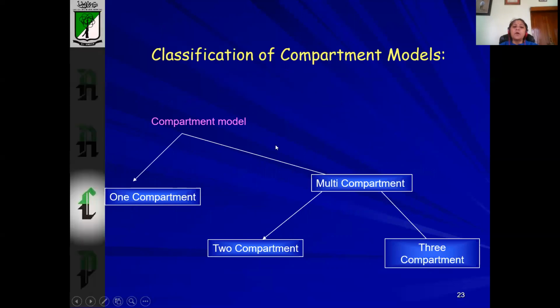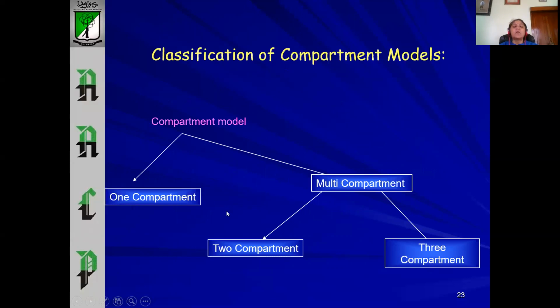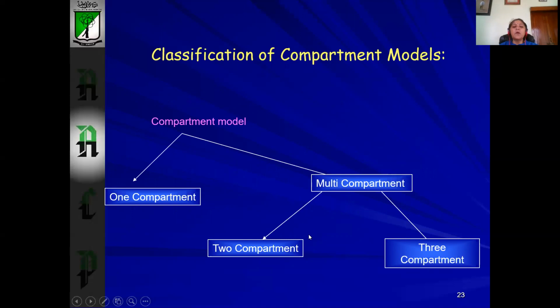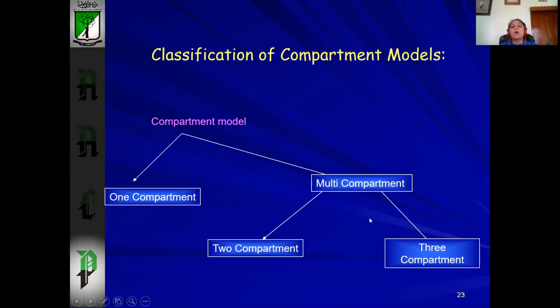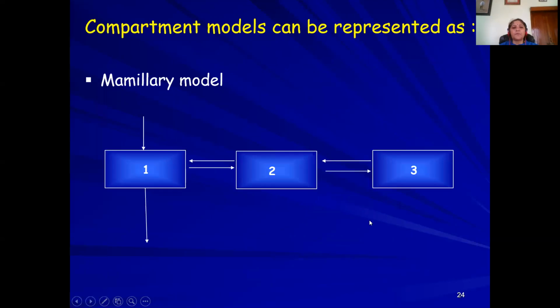Now, compartment models could be classified as one compartment model and multi-compartment model. Multi-compartment models could be two compartment model or three compartment model. Compartment models can also be represented as the catenary model and the mammillary model.